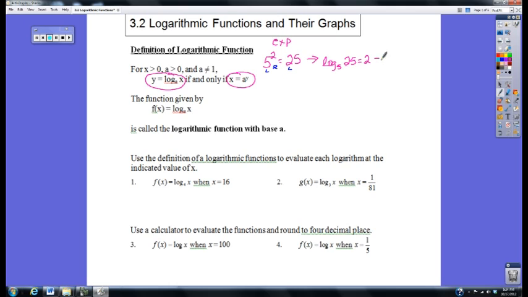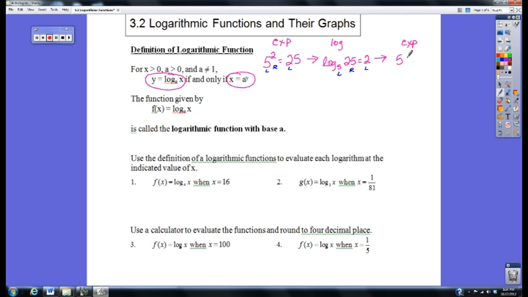Now if I start with this logarithmic statement and want to turn it back into an exponent, you can also use the left, right, left technique. This is log base 5 of 25 equals 2. Log base 5, so 5 is the base.